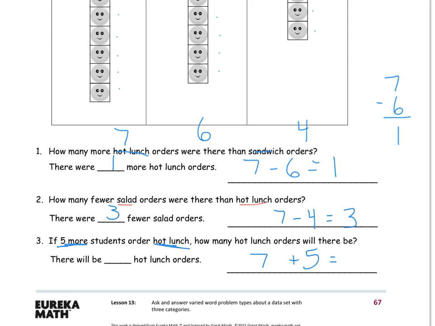So I can then do 7 plus 5, and that'll get me 12. And if I need to, I can break apart to make 10. There's a couple different ways I could do that. There's my 10 plus 2 gets me 12. So there would be 12 hot lunch orders. Let's take a look at page 2.